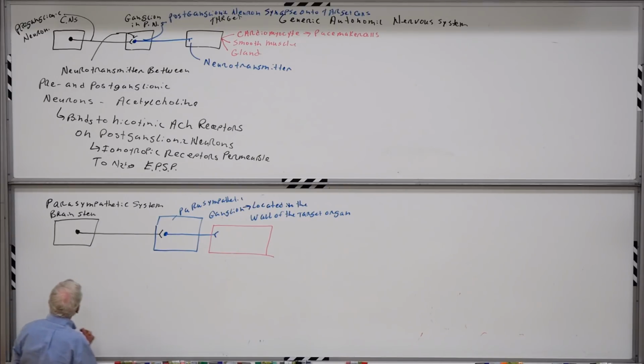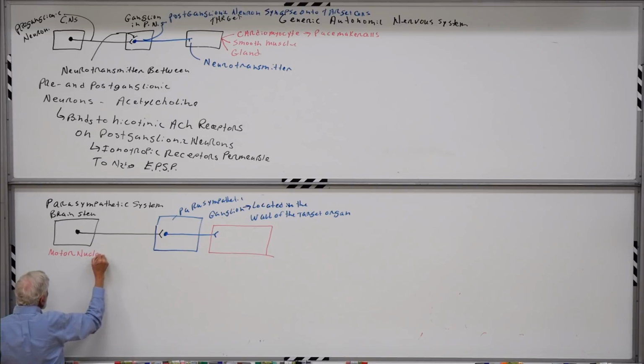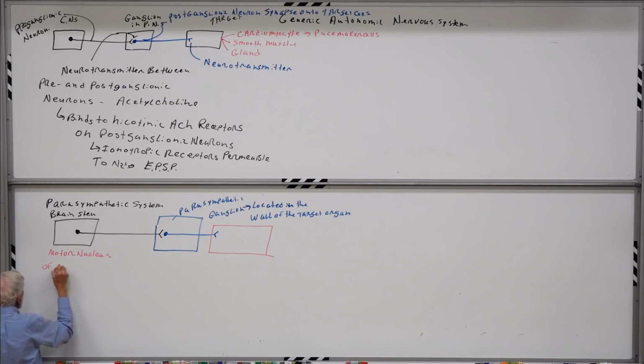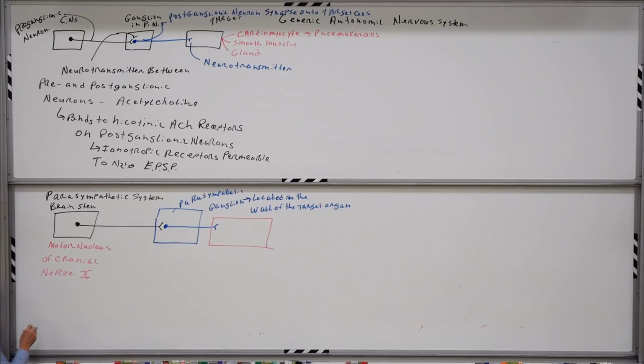The one we're going to talk about is the one in the brainstem located in the motor nucleus of cranial nerve 10. Cranial nerve 10 has another name. It's called the vagus. This term vagus comes out of the Latin.